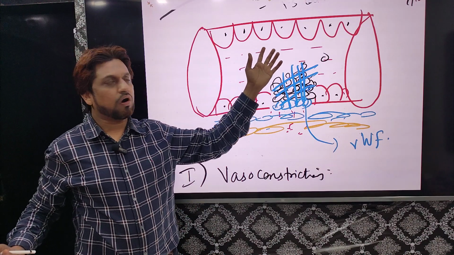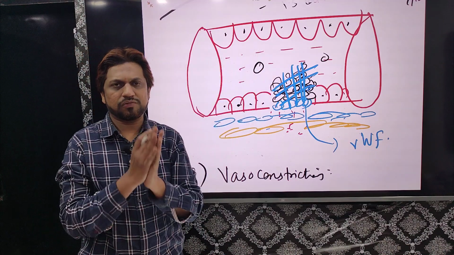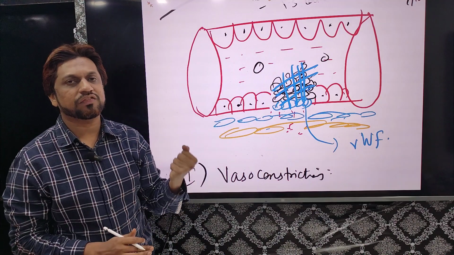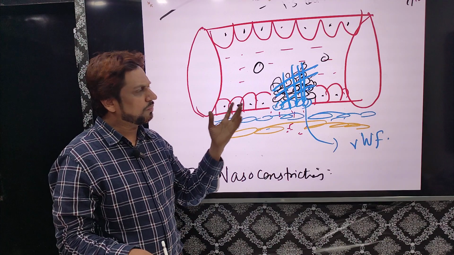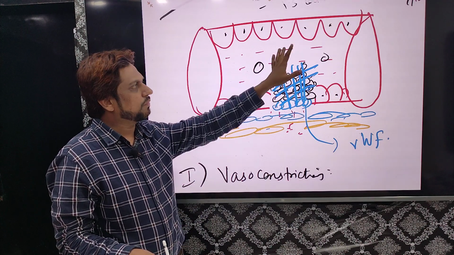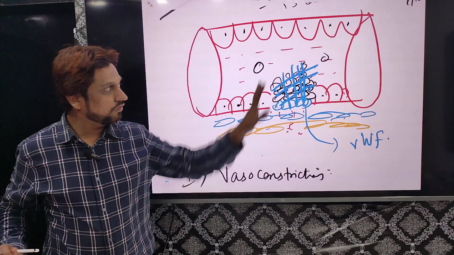It is formed by some clotting factors which are present in the plasma, the liquid part. The property of blood coagulation is due to the plasma. Plasma has certain plasma proteins like fibrinogen and prothrombin, and many other things that ultimately form this. So plasma alone, along with the clotting factors, is capable of forming the blood clot.